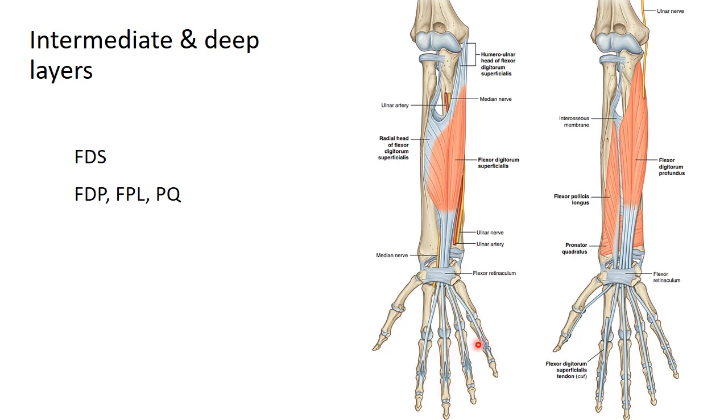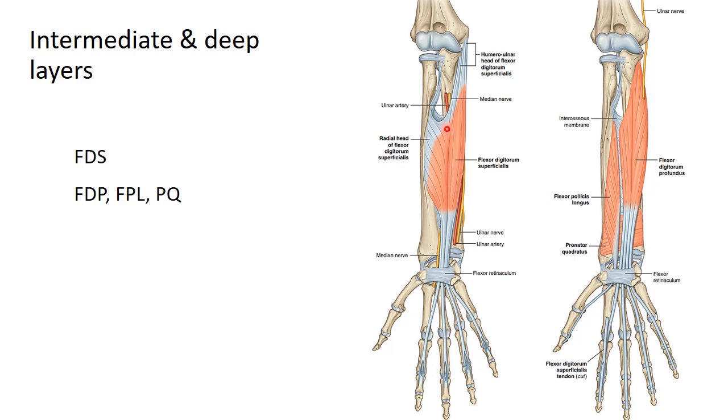Each tendon splits into two slips, making an opening in the middle, and these two parts will be inserted into the sides of the middle phalanges of the medial four fingers.